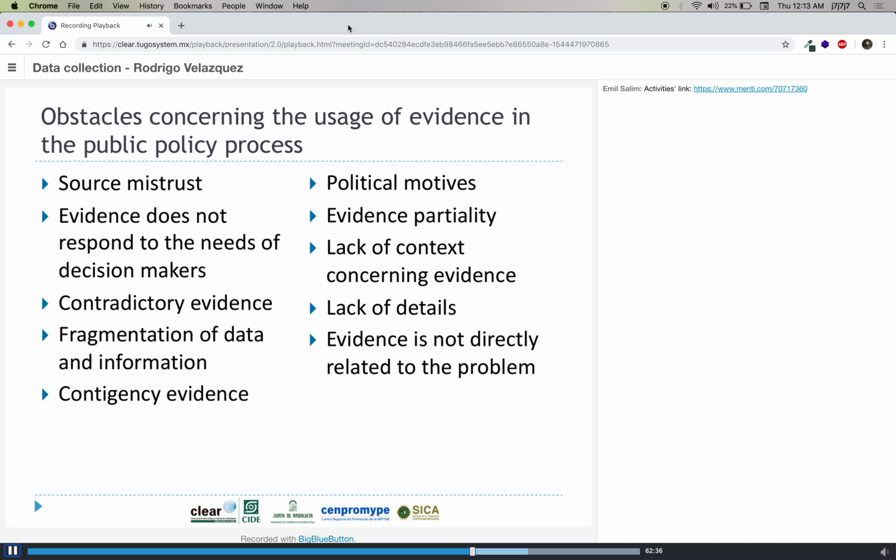However, I want to say all of you that you are right. All of you are right. Because in every single stage of the public policy, it is very important to include evidence, and we're going to delve into it. We're going to talk about the stages and why is it important.